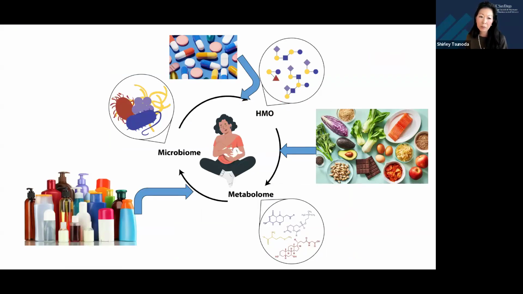On top of that, we're very interested in environmental influences on this triad, for example, exogenous drugs, food, and personal care products. How does this influence the development of the microbiome, the infant metabolome, and the contribution of HMOs through breastfeeding, and how does this affect the immune system and the potential health of the baby? Next slide.